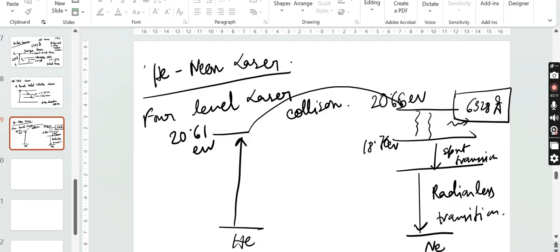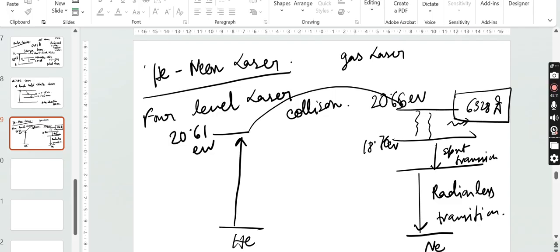So basically, when a discharge is passed, you need to remember that this is a gas laser. When a discharge is passed through the gas mixture, electrons are accelerated down the tube.